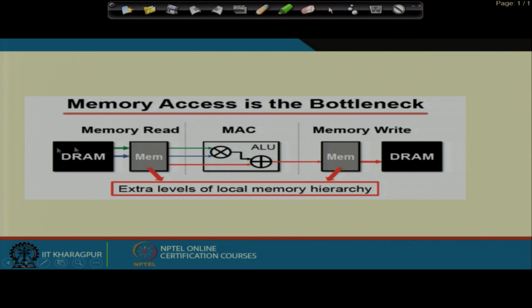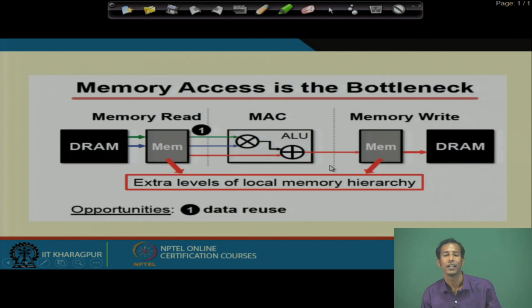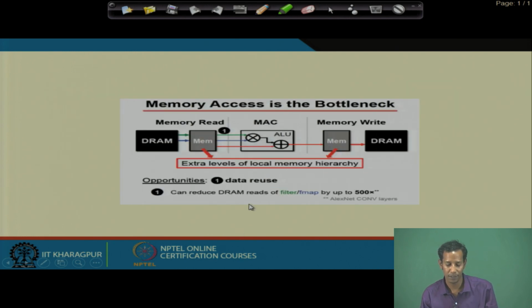So how can we reduce the memory access? Instead of directly accessing the RAM, we put some extra levels of local memory on both the input side and the output side. This reduces data movement through the method of data reuse. Data reuse can reduce the DRAM power by a factor of 500x.